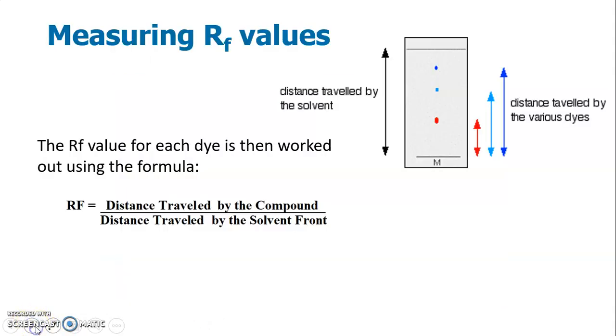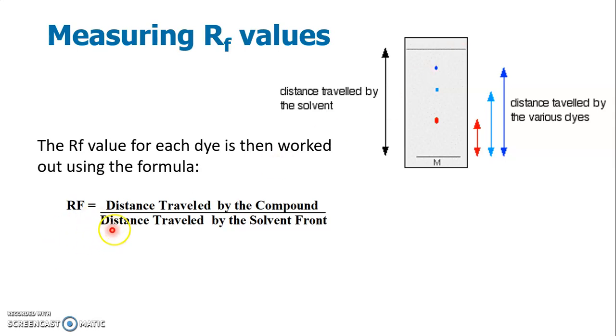Now, how do we measure the Rf values? As in the case of paper chromatography, the Rf values are measured by considering the distance traveled by the solvent and also the distance traveled by the various dyes or components. This is the baseline, these are the different components separated, and the line at the top is the distance traveled by the solvent.